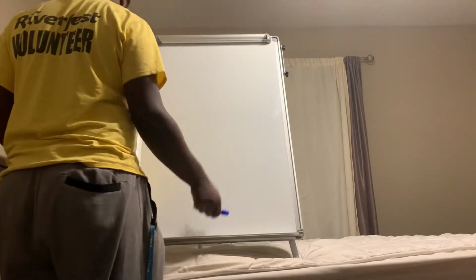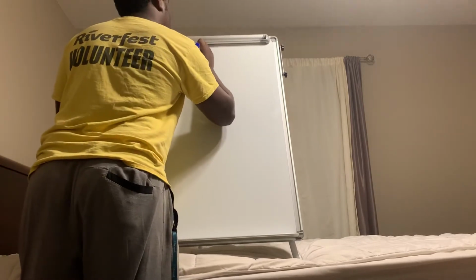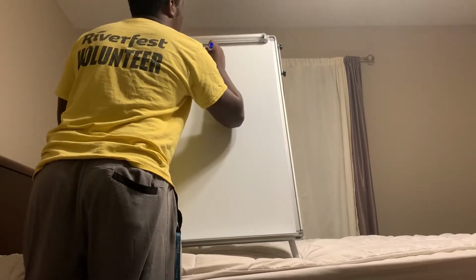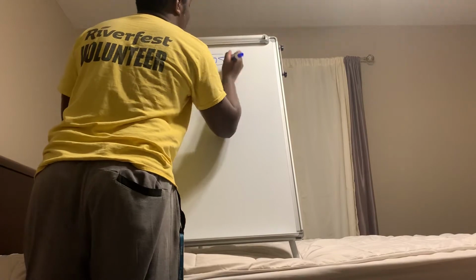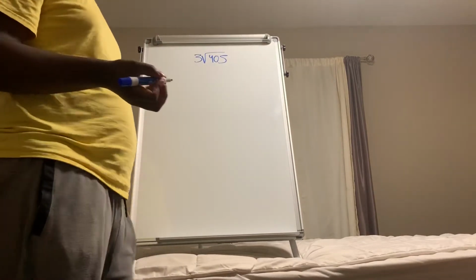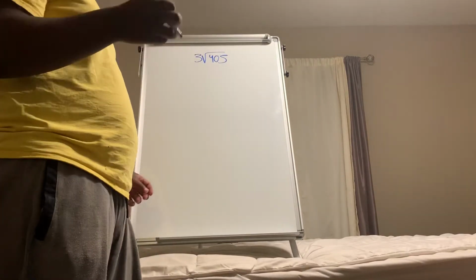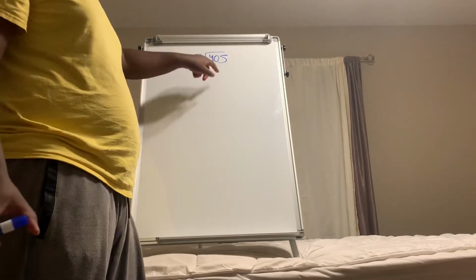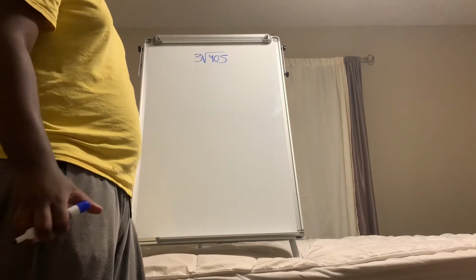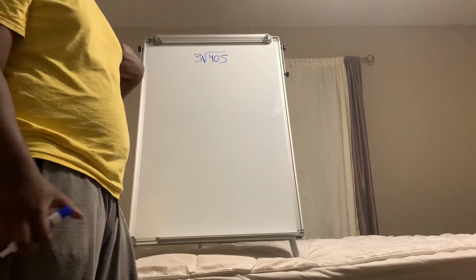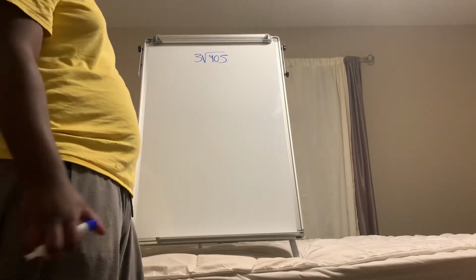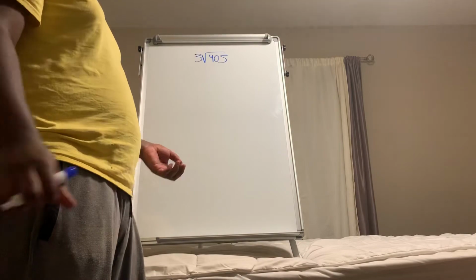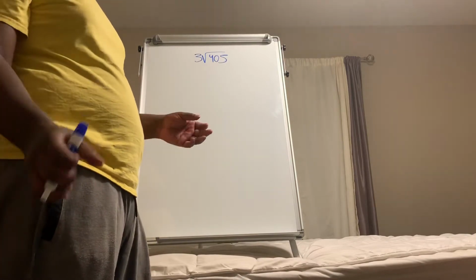Our next question is 3 radical 405. Now, 405, by just looking at it, you would not know the perfect squares that are in 405. So when all else fails, we know that there's a 5 in there. And we know from previous questions that once we get to the 5, there's no more perfect squares in there.